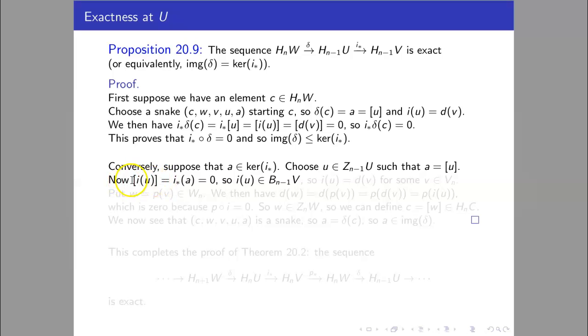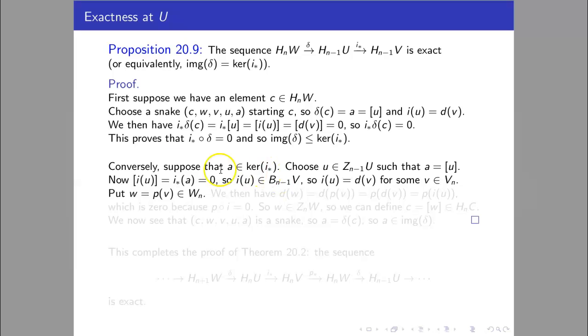So that means that this coset, bracket IU, is 0, or in other words, IU lies in this group Bn-1 V, or in other words, IU can be expressed as dV for some element V, which works out to be, U is in Un-1, IU is in Vn-1, so this V here has got to be in Vn.